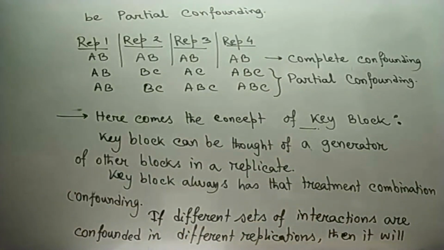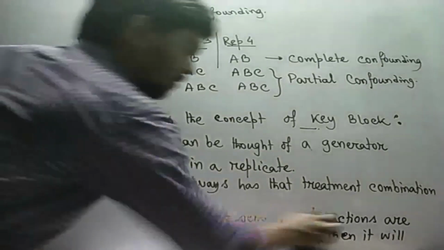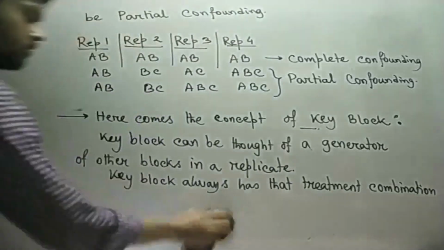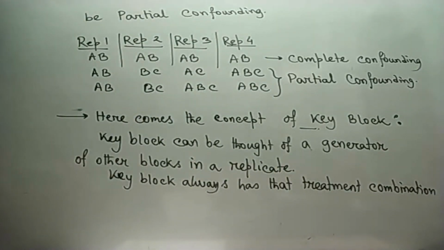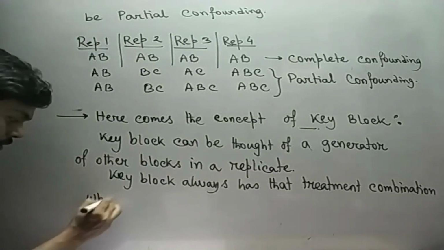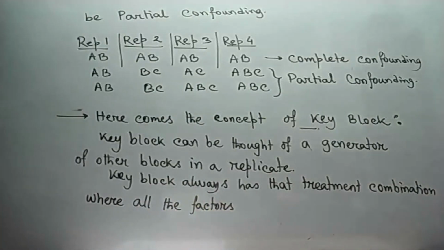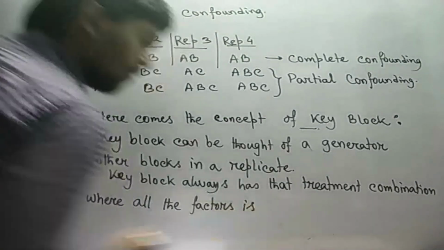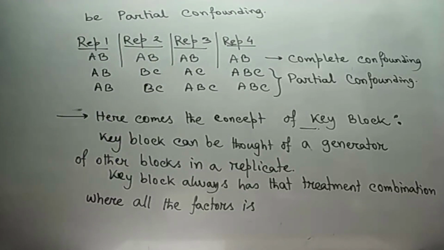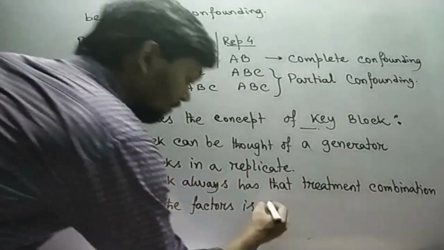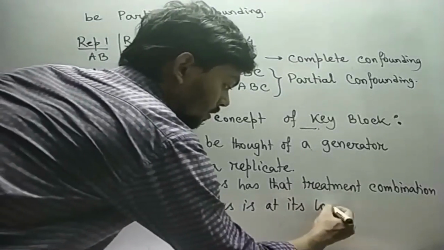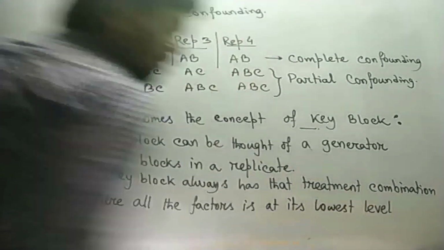Okay, so the key block always has that treatment combination where all the factors are at their lowest level.